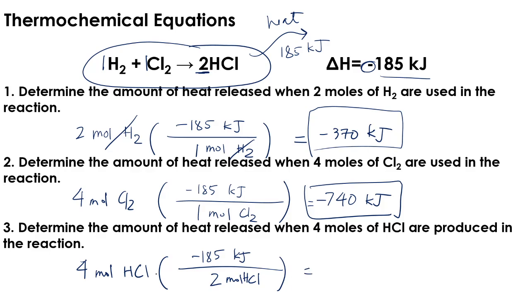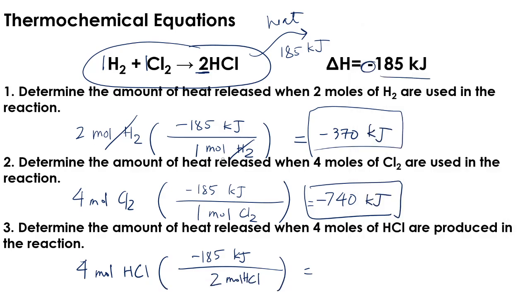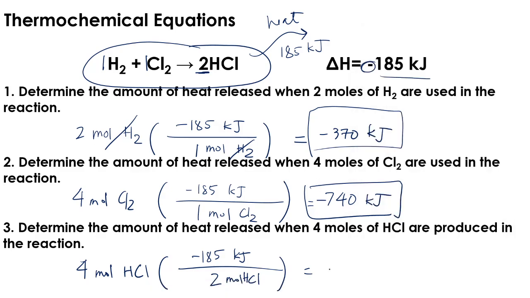And then let's solve this one. Okay, that's 4 times 185, and then we'll divide it by 2, which is equal to 370. So this one is negative 370 kilojoules. So when 4 moles of HCl are produced, 370 kilojoules are released by the reaction.